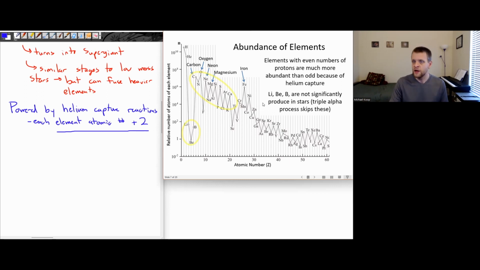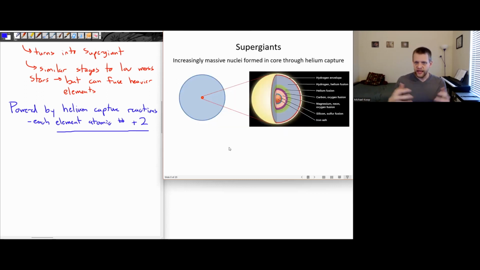So again, in these supergiants, we're getting increasingly massive nuclei forming the core through helium capture. And when the core runs out of some sort of material, it starts to compress. We get a fusing shell around that core, and the next element is fusing inside. Supergiants just take this to a ridiculous extreme. So, for example, most of the outer layers of the star are still just ordinary unreacting hydrogen and helium.